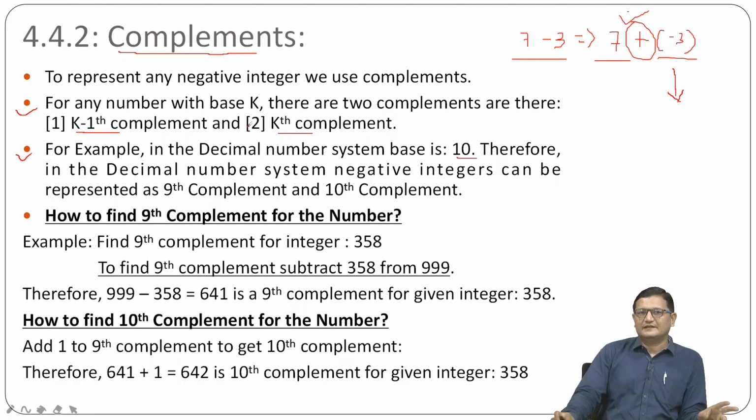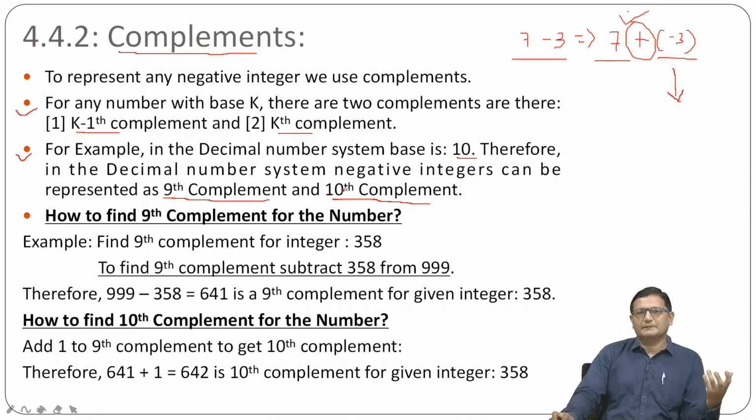So, here 10 minus 1, so the 9th complement has to be there for the decimal number system, and the kth complement, that is the 10th complement, will be there, right. So, for the decimal number system, there are two types of complements, 10th and 9th. Okay, you just think binary, right.